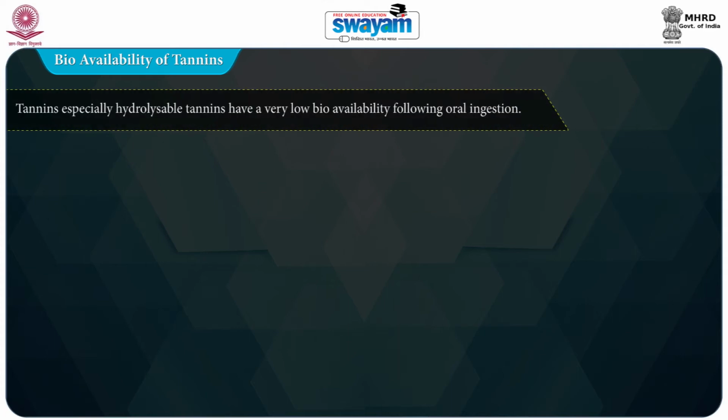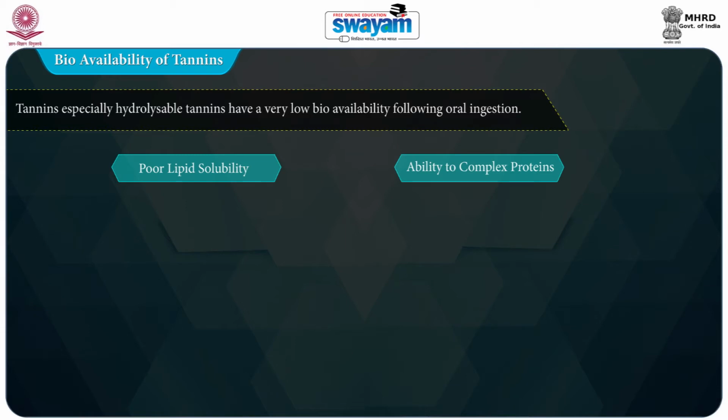Tannins, especially hydrolyzable tannins, have a very low bioavailability following oral ingestion. This is due to their poor lipid solubility and ability to complex protein.